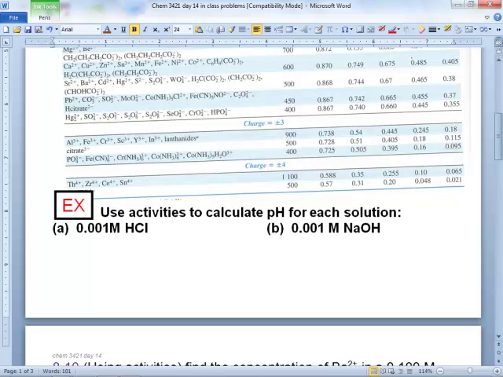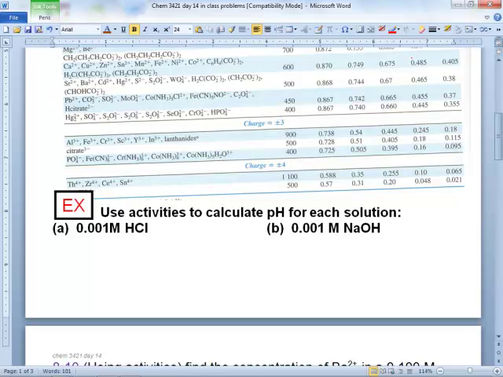Here's the first one. Use activities to find the pH for each solution. Okay. Now, remember there's easy ways and hard ways to find pHs of acids, and you're just hoping it's a what type of acid? Strong acid. Hey, you don't have to write any Ka reaction. Nice, right?